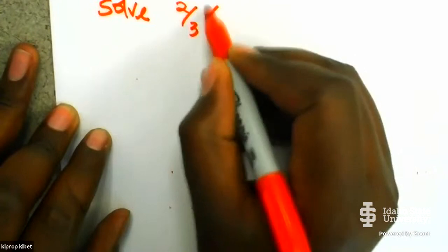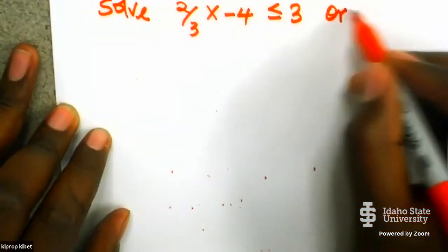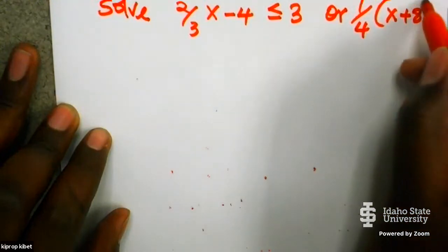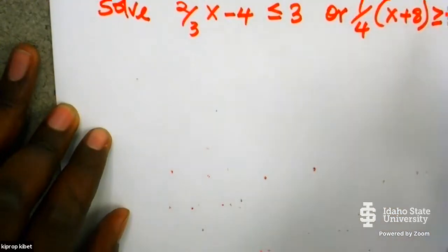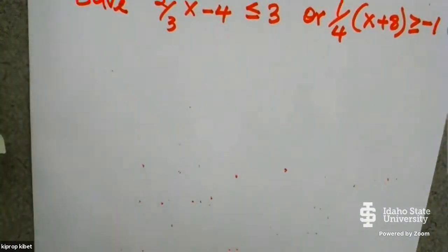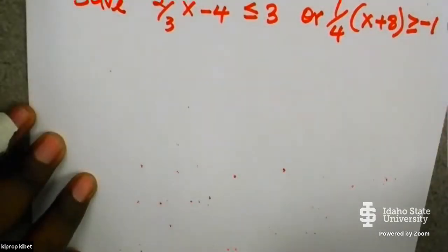Two over 3 x minus 4 less than or equal to 3, or 1 over 4 x plus 8 greater than or equal to negative 1. Okay, now let's solve this. So we need to take 4 to the other side.